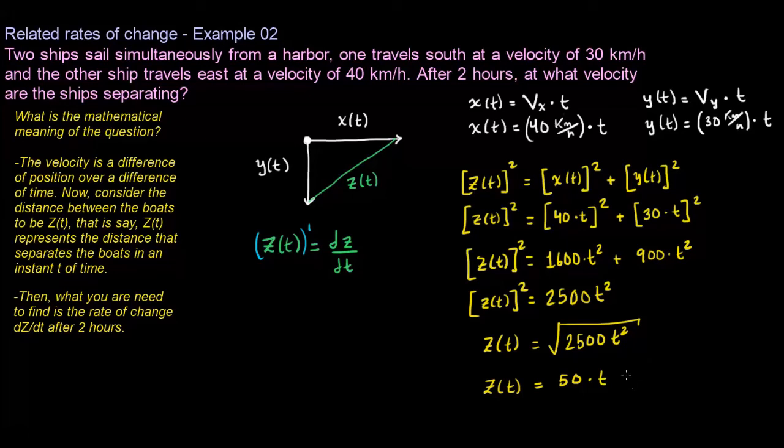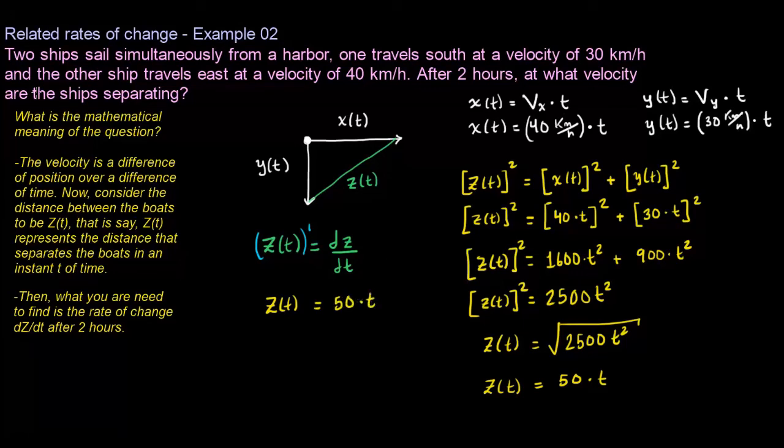So this is actually the c of t that we were looking for. Now that we know what c of t is, I'm going to continue over here in the center. So c of t is equal to 50 times t.